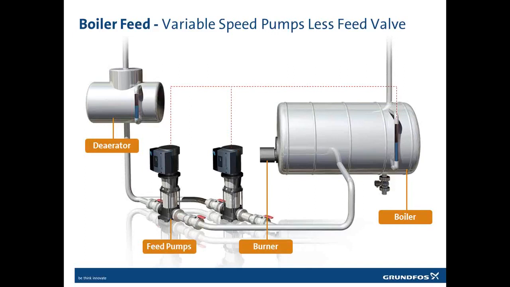I don't know the price of a feed valve in the US, but I know the maintenance cost of a feed valve is very high, and you avoid that. On a CR pump with a frequency converter, there is almost no extra maintenance cost. So it is a win-win situation to get rid of the feed valve and put the frequency converter on the pump and let them run the level in the boiler.